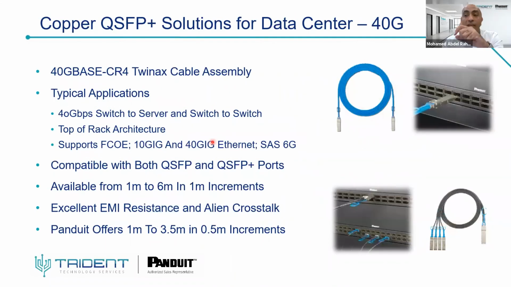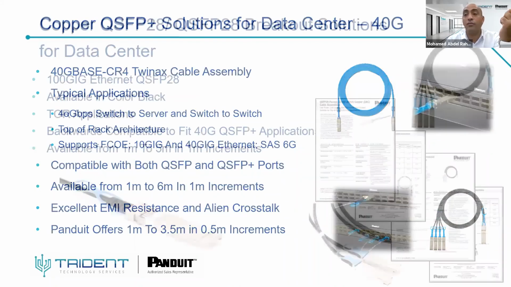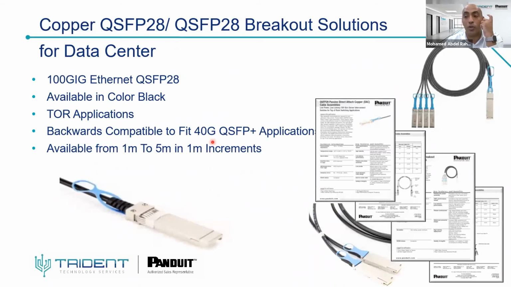Also, it is available in QSFP Plus to have 40 gigabit per second. And finally, we have a cable that can support 100 gigabit per second Ethernet using the DAC cable for the shorter distance. Also, it can provide breakout solutions, as we said, 100 gigabit per second from one side divided into 4 by 25 gigabit per second to the different servers or different active equipment, and it's available up to 5 meters.